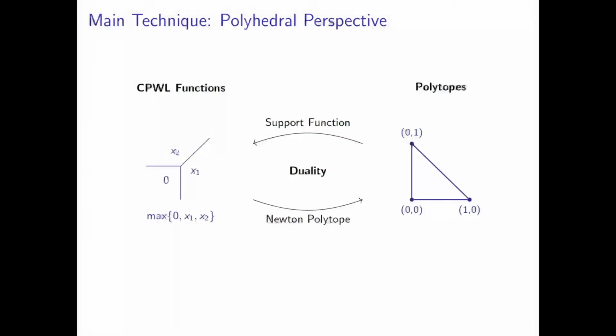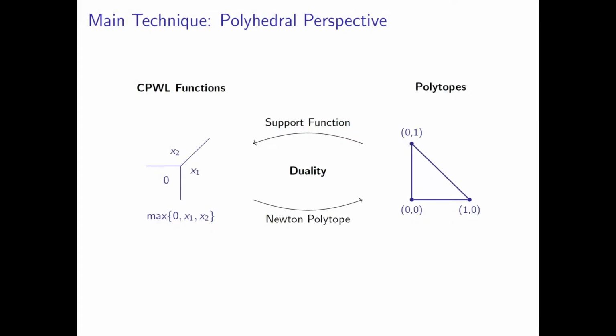You have a polytope, which could be the feasible region of a linear program. You take an objective vector c, you look at the objective value, and you map the objective vector to the objective value. That defines a continuous and piecewise linear function, which is exactly the function you started with. And that's called the support function of the polytope.